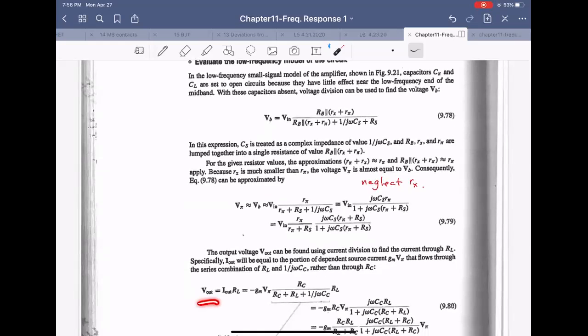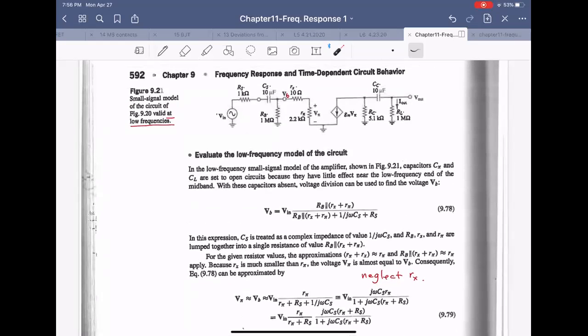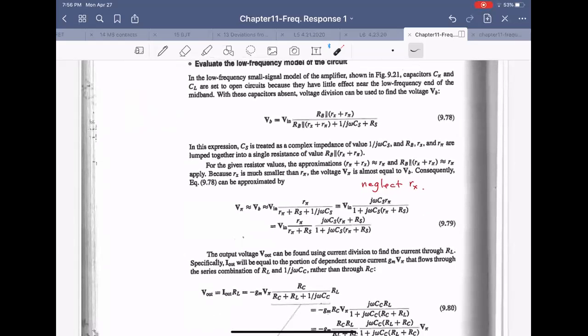Output voltage. Again, output voltage is the output current I out times RL. So we have to know I out. I out is gm V pi, and the current splits. The current goes this way and this way. So to get I out we have to multiply by this RC. So I out times RL is V out.